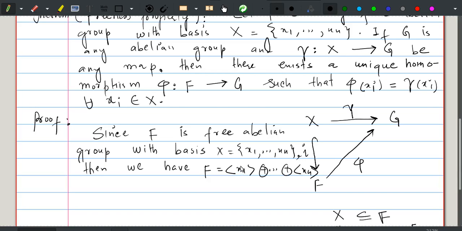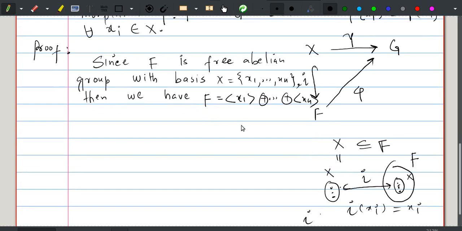So these are the cyclic groups generated by these xi's. So this is by definition of a free abelian group.